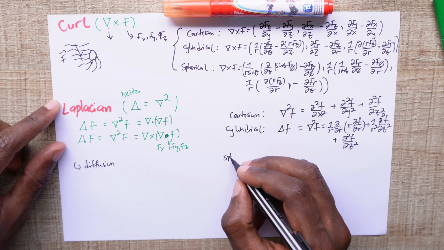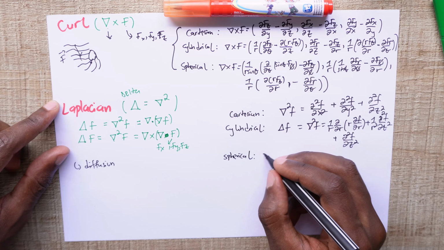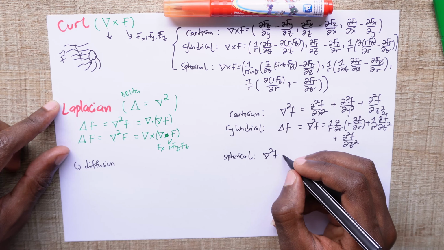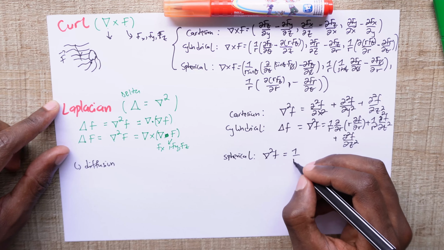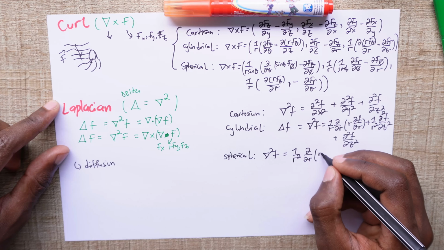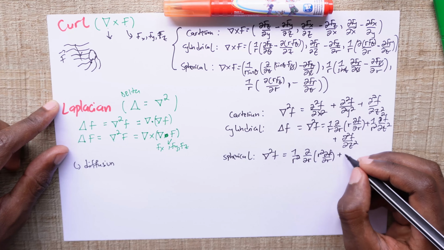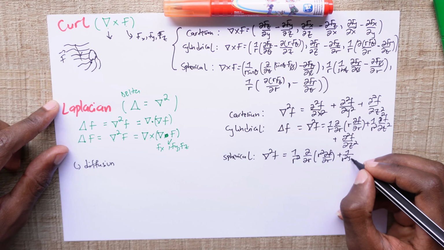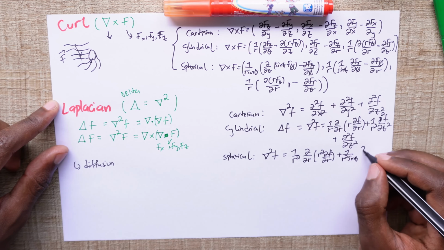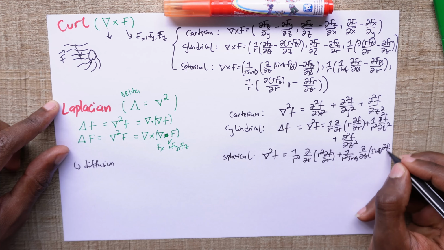And if you're in spherical coordinates, it's a bit more complicated. So the Laplacian of f is going to be 1 over r squared d/dr of r squared del f by del r, plus 1 over r squared sine theta d/dtheta of sine theta del f by del theta.